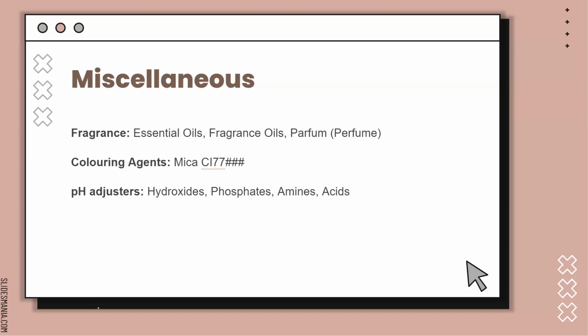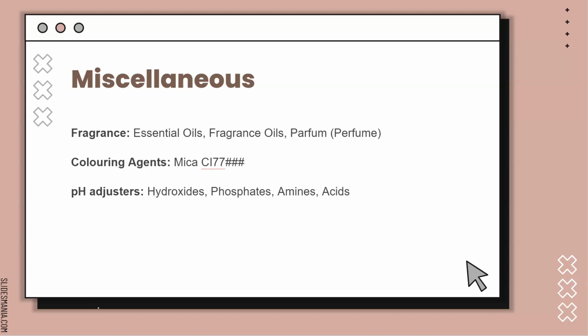And these are listed in your INCI as CI 77 number. That's how you identify that your formulation has mica in it. Of course, there are several ways to color skincare. There could be natural or synthetic ones, but this is usually the most common method.